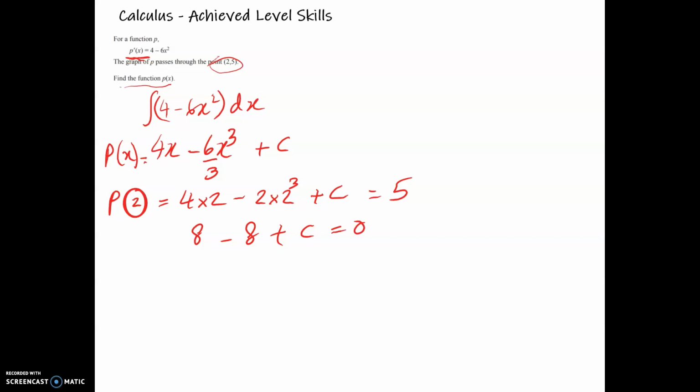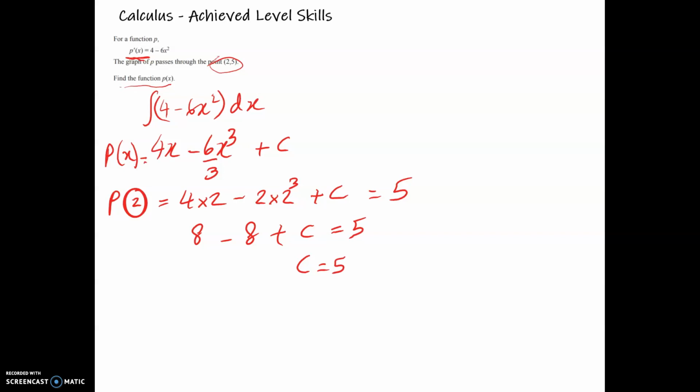So replacing x with 2, we have 4 times 2, and 6 over 3 simplifies to 2 times 2 cubed, plus c is equal to 5. So we can now simplify that. 8 take away 8 is 0, so we have c is equal to 5.